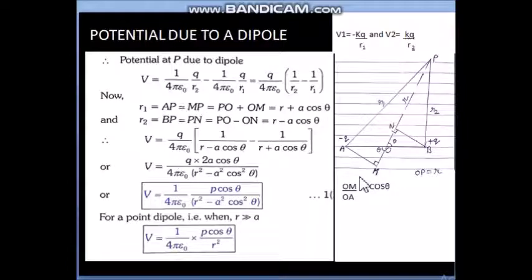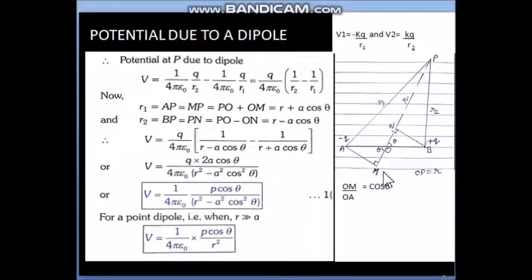The MP distance can be broken as PO plus OM. The PO distance, that is the first part, is equal to R. Now the remaining term is OM. For finding this OM, we need to take the help of trigonometry. Suppose we take this angle as theta. That means with respect to the dipole line, the point P is at angle theta. By the vertically opposite angle property, this angle is also theta. Now to find OM, only look at this small triangle.